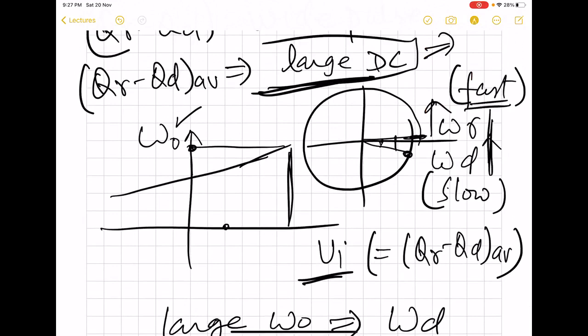So this phase error, which is very small in the beginning, is going to increase with time. So it will increase omega D with this large DC. So it will try to track and minimize the gap between omega r and omega d. That means it will try to first minimize the frequency gap between the two signals. So we see that this PFD has the capability to minimize the frequency difference if at all there is a wide frequency mismatch between the two signals.